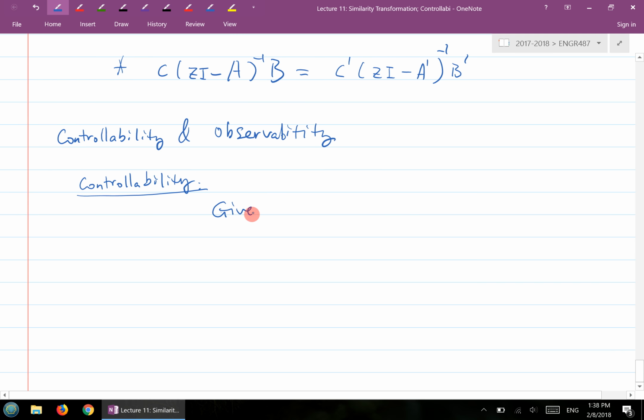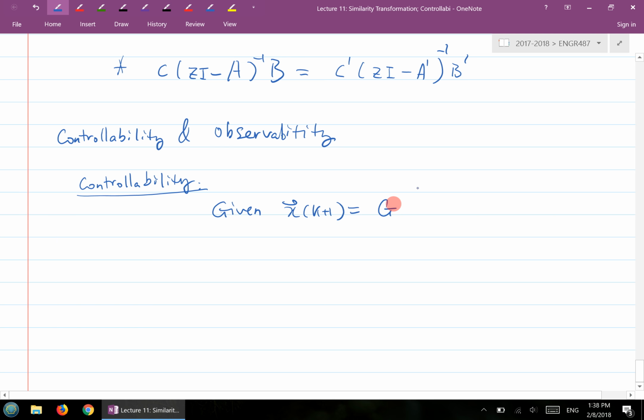Given still the same system, let's say we have a state space model here. Now I'm going to change my notation slightly for the state model.